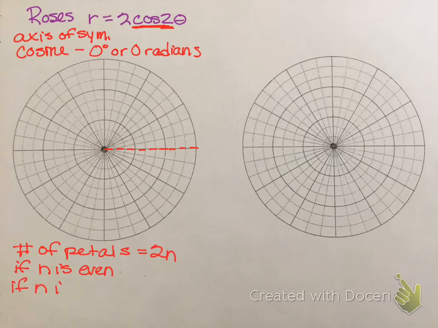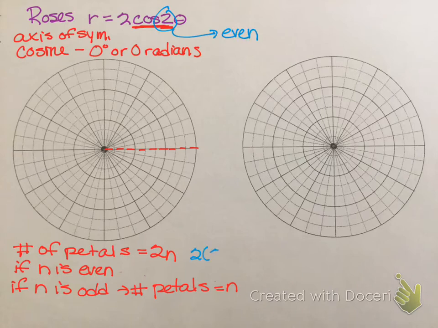If n is odd, the number of petals will just equal n. So n here is even. So I know that I am going to have 2 times 2 or 4 petals.